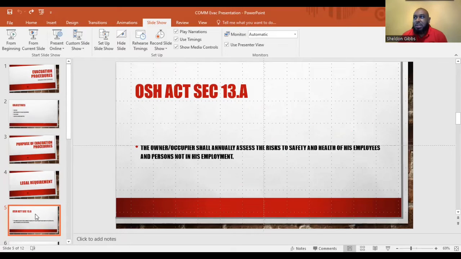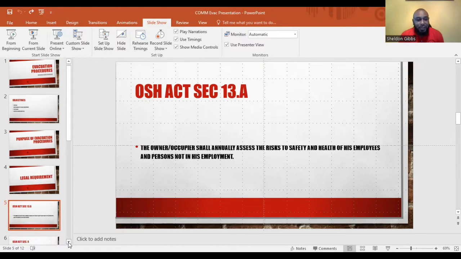Under the OSH Act 13A, owners and occupiers must do an annual risk assessment, which identifies all the risks to health and safety for persons employed or working within the building, or students working in a school, wherever the occupancy may be, and persons not directly part of the employment of the business but affiliated in the general area, or visitors, to allow for all the risks to health and safety that they may be exposed to. So that is part of that process.